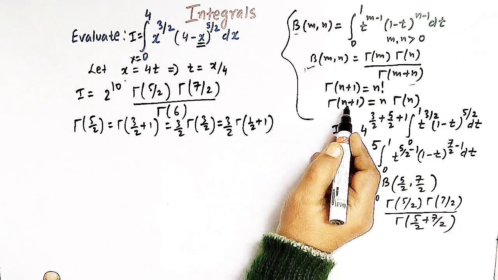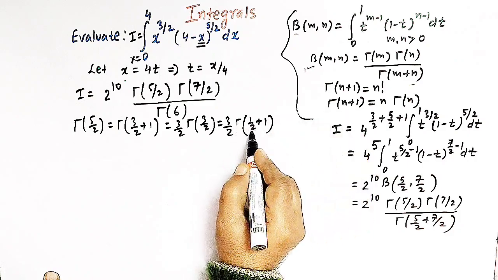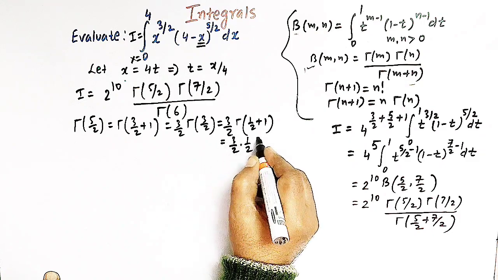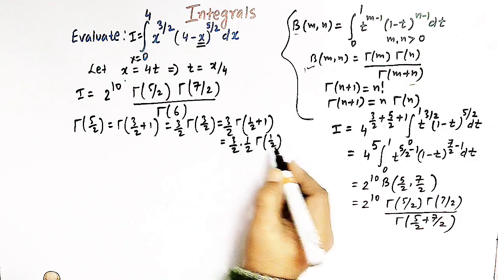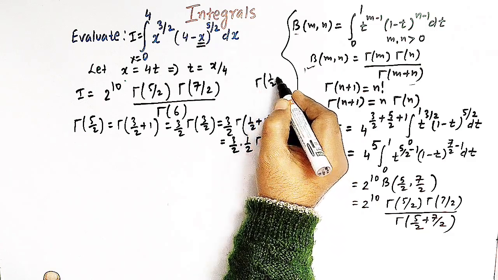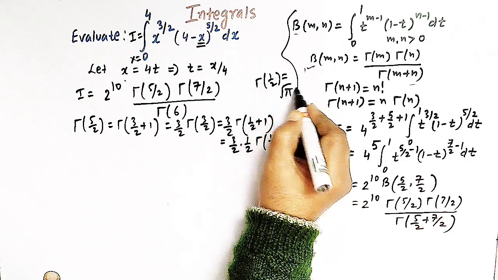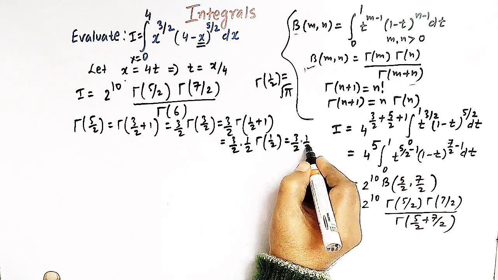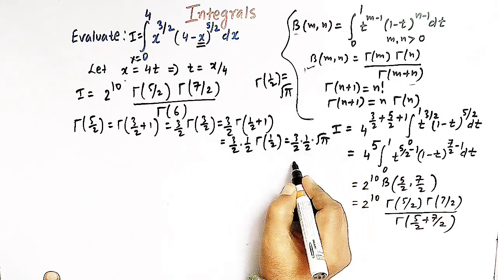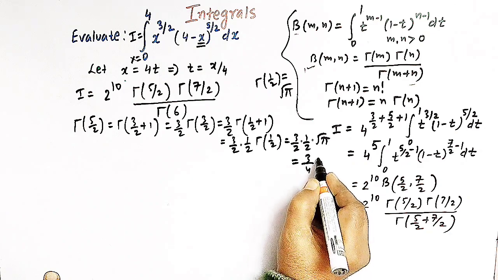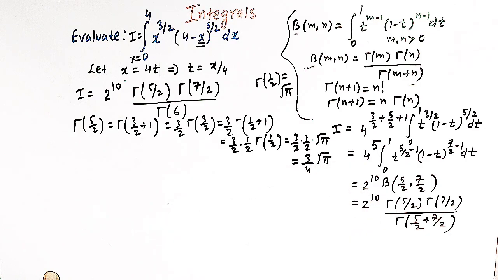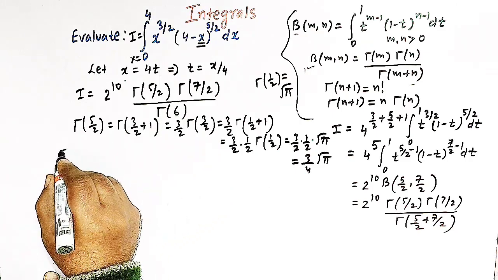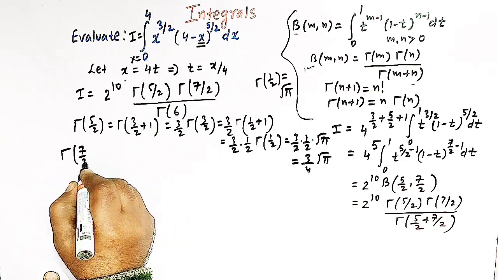So again, applying this result to gamma of half plus 1, we have 3 by 2 times half, then we have gamma half, and gamma half is equal to square root of pi. So we have 3 by 2 times half times root pi, that is 3 over 4 times square root of pi.